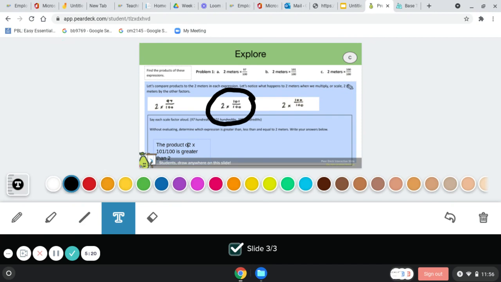The product of 2 times 101 hundredths is greater than 2.